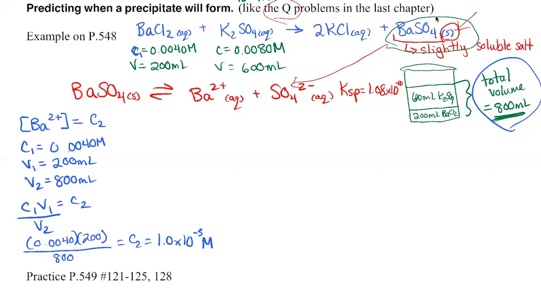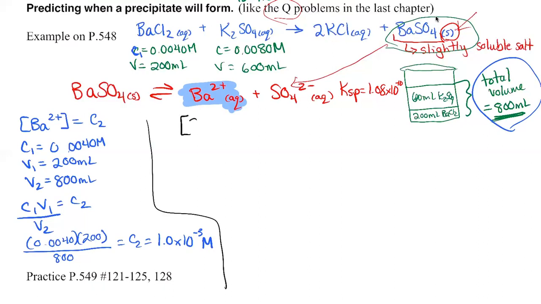Okay, so that's the concentration of our barium ion. So I'm going to highlight this one in blue. I don't have a ton of space on this paper, so it's going to get a little bit messy, so I'm sorry about that. We'll do the other one in black. We haven't had black yet. Try and keep things separate.